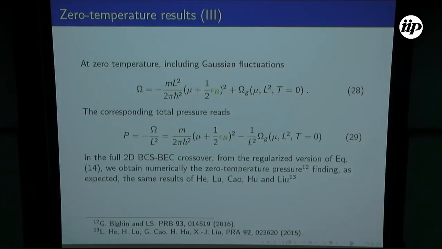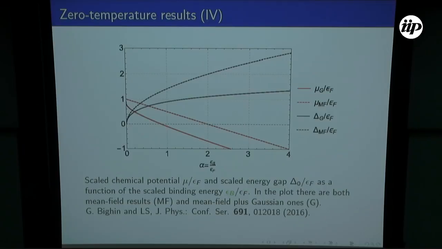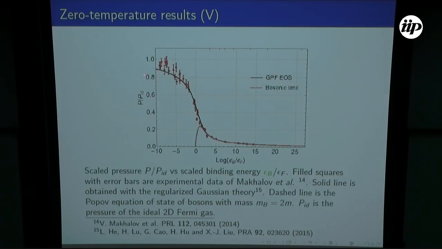And if you include this correction, the Gaussian one, and okay, I skip this, and you compare, for instance, the pressure as a function of the binding energy in the BCS-BEC crossover, BCS is on the left and BEC on the right. You will see a very good agreement between the red dots, that are experimental data obtained by this group three years ago, and the solid black line, that is my theory. Well, okay, the theory of mean field plus Gaussian.